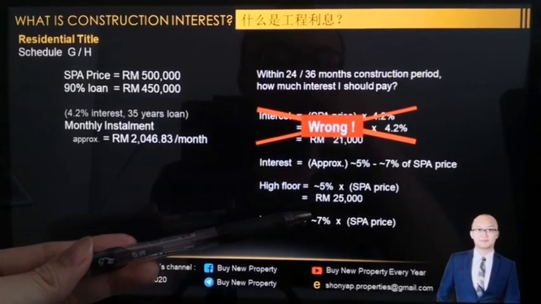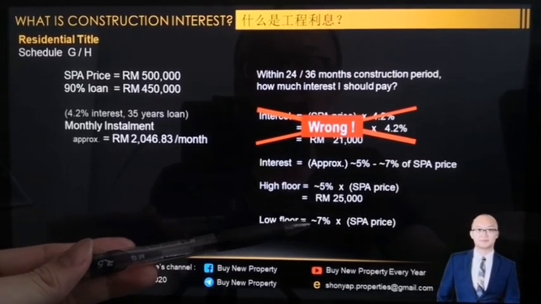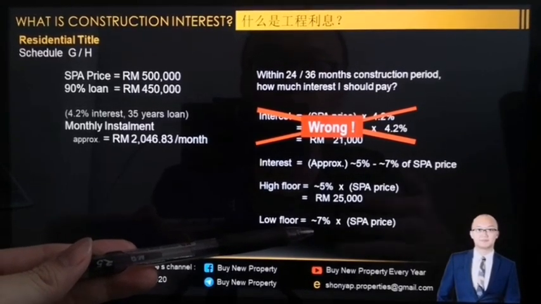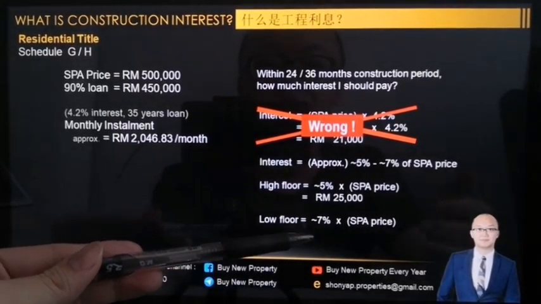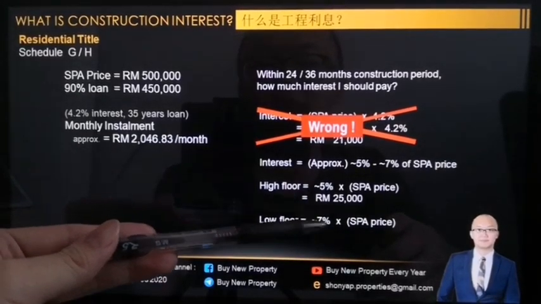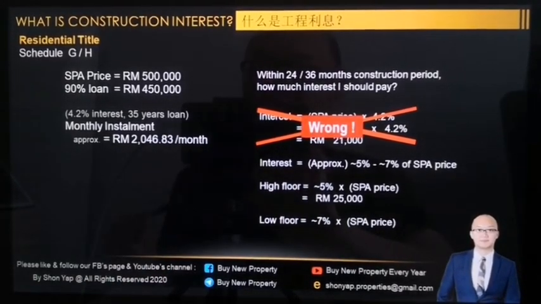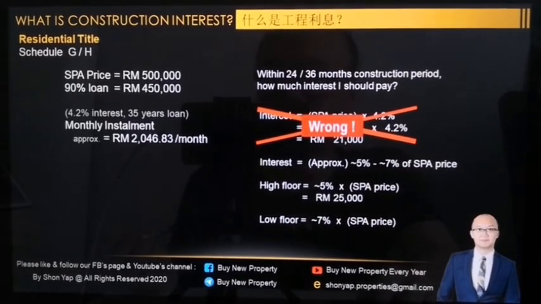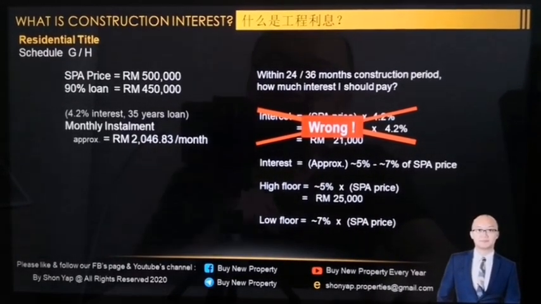But if the project has already started 2 years, you only have about 12 months or 18 months left to complete soon, so your interest is lower. So it really depends on when you buy the unit, or which floor you buy the unit.